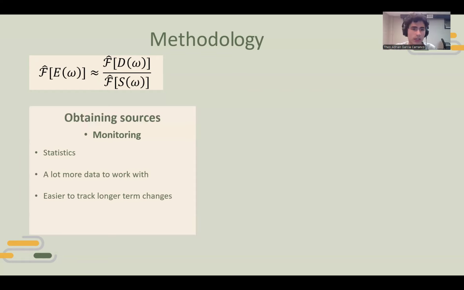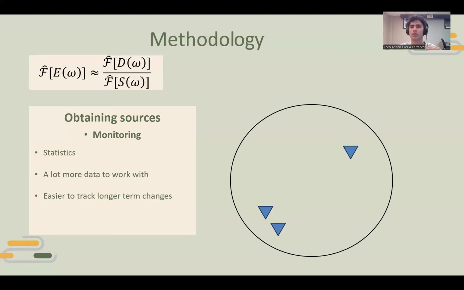So the way that it's going to work is we're going to be using statistics and a monitoring methodology. We put the three sensors in a specific range, and since we want to single out the signal effect in the seismic data, we average all of the data that we have.